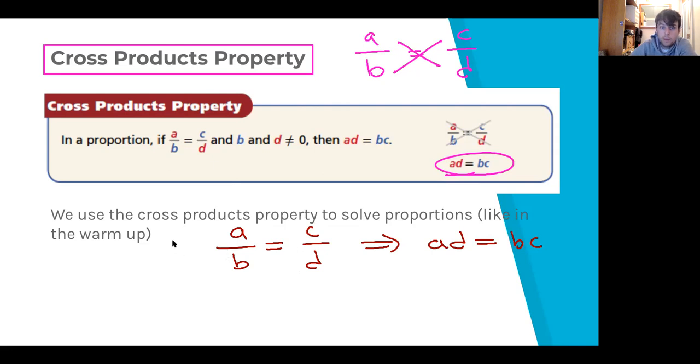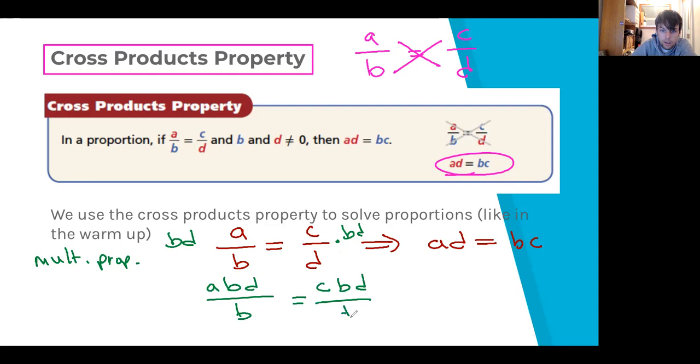So I can multiply both sides of this equation by BD. That's using the multiplication property. I'm just multiplying 2 sides of an equation by the same thing. So that's certainly allowed. That's going to give me A B D over B equals C B D over D.